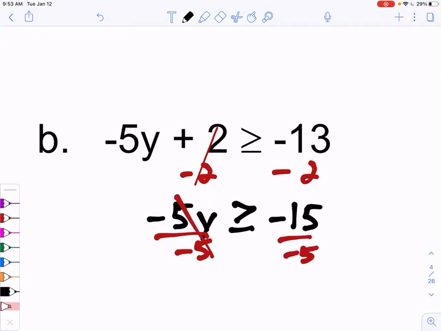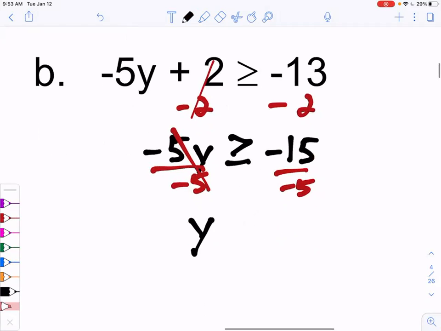What happens to the sign? It reverses. So now it goes from greater than or equal to negative 15, to less than or equal to. So everybody see how I switched the signs there? And then we know negative 15 divided by negative 5 gives us a positive 3.